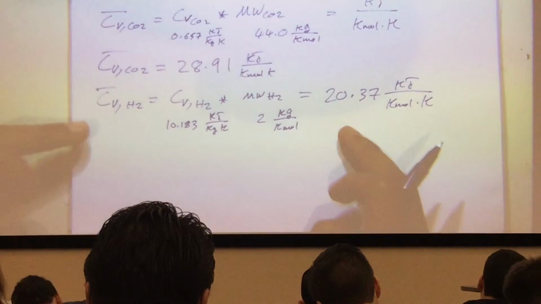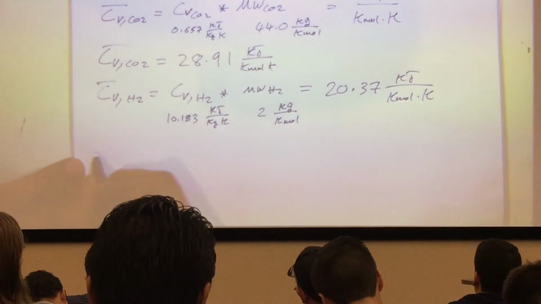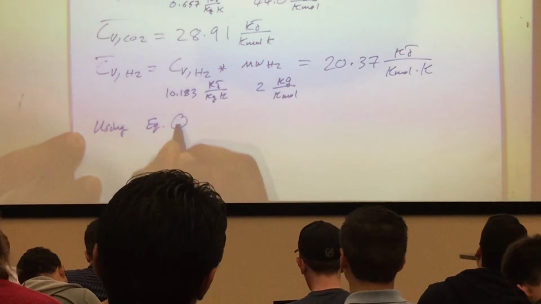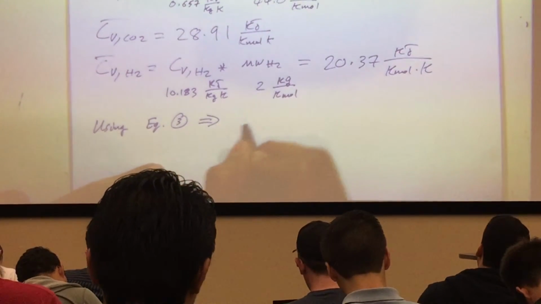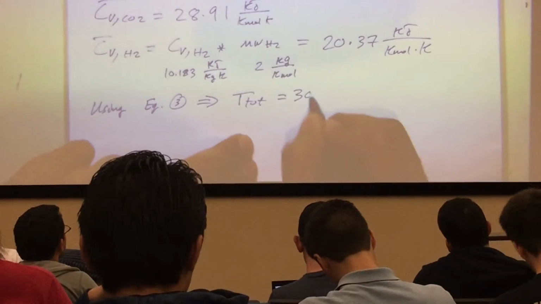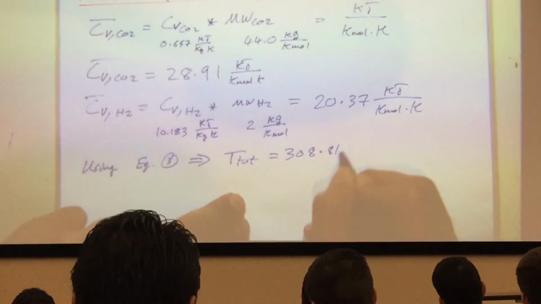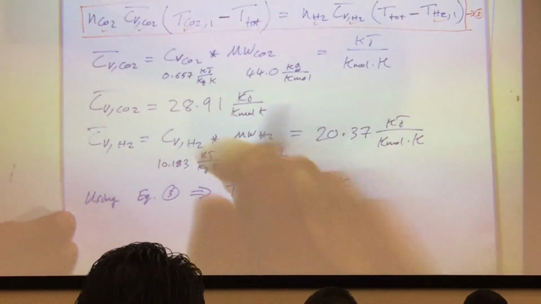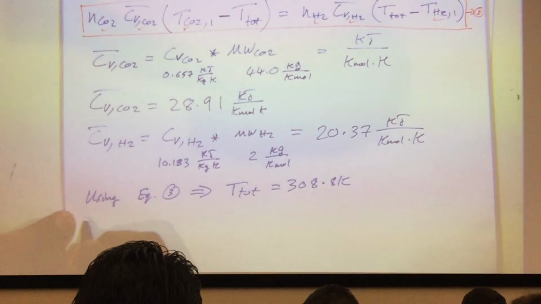So, knowing this, using equation 3, what am I going to get? I'm going to get T total. I've already done this for you, and what you're going to get is 308.8 Kelvin. And knowing T total, go back and substitute it in 2 and 1.